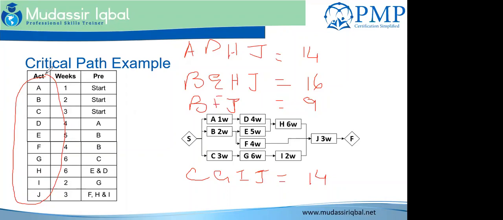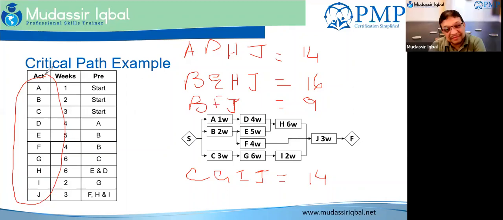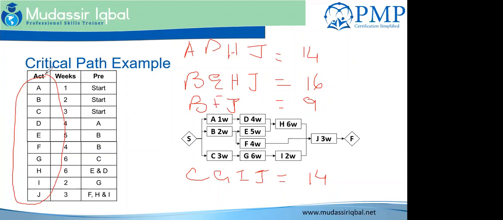Because there is one path, BEHJ, which is the longest duration, and it's calculated as 16 days. That's why. But there's an option for the shortest duration, the shortest possibility.